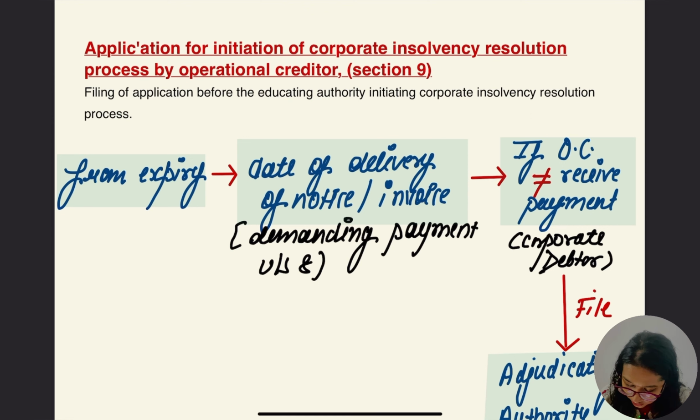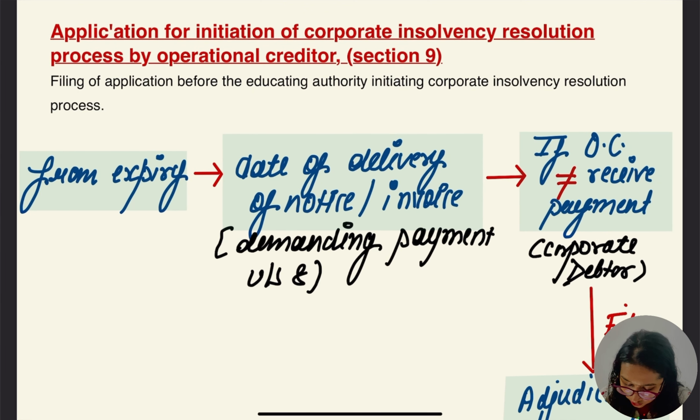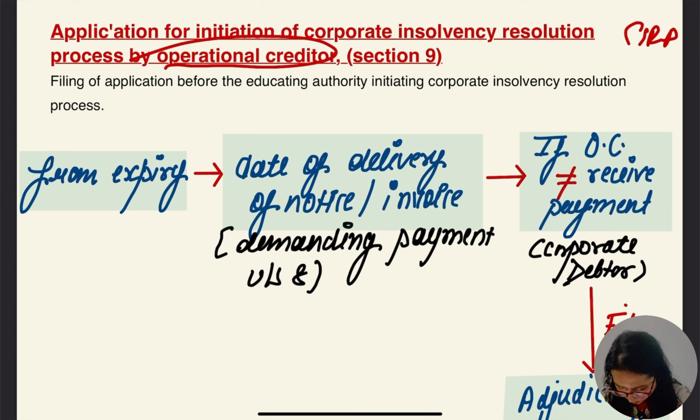So the application for initiation of the corporate insolvency resolution process by whom? By the operational creditor under Section 9, which is the continuation of Section 8. Hope this point was clear.